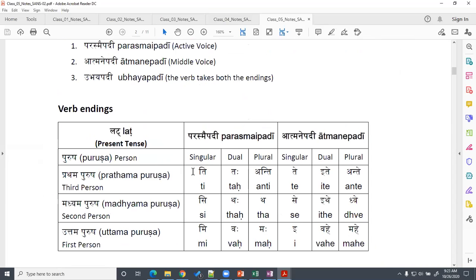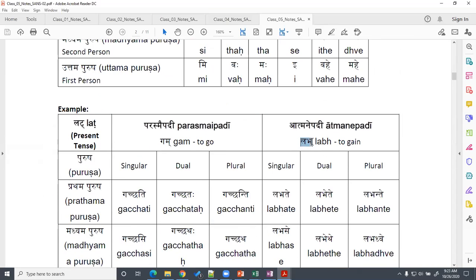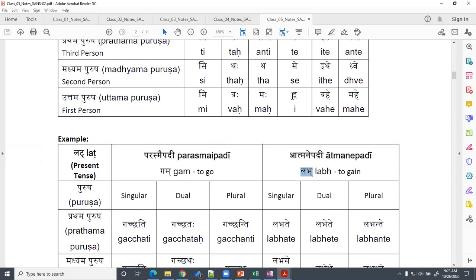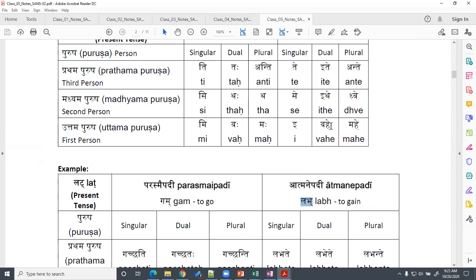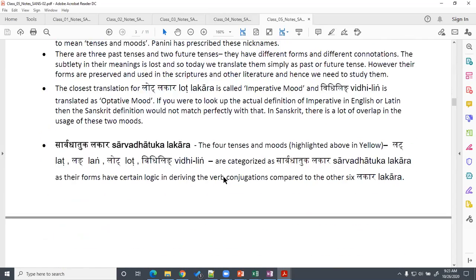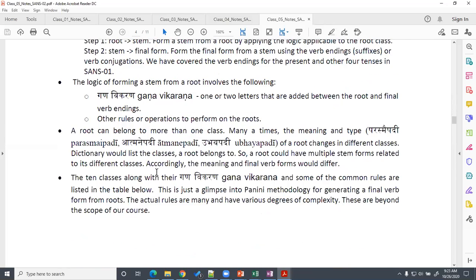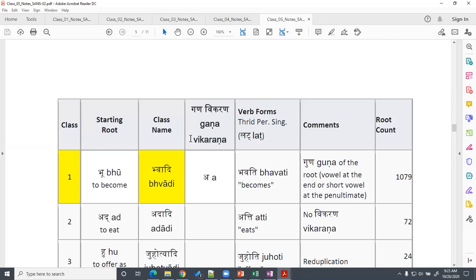Let's say labhate: the root is labh, then akara is the infix because it's the first class, so akara comes, and then te, so labh-a-te, labhate, like that. We have seen all that. We also saw how to make the stems and the verbal forms, so all that has been covered.